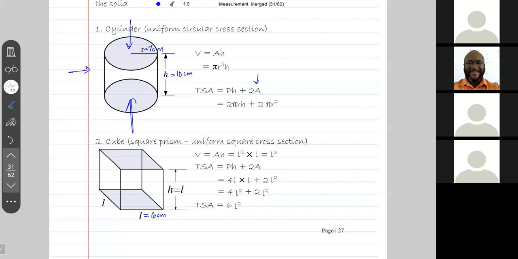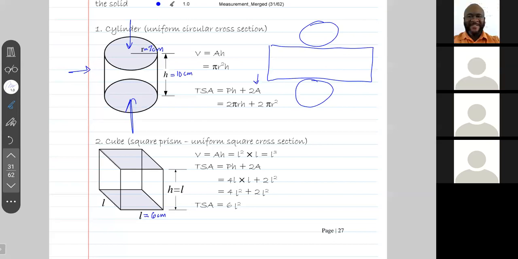As a matter of fact, if you open out the cylinder, it will look like this. You'd have a circle at the top, a circle at the bottom, and a rectangle in the middle.